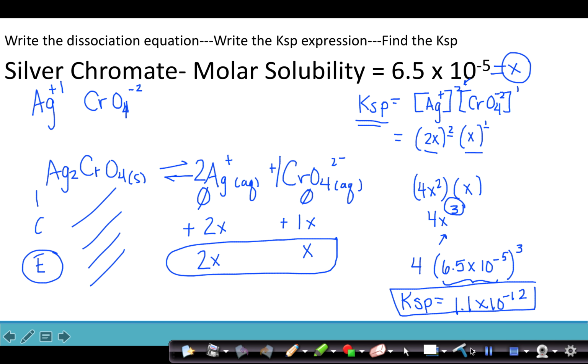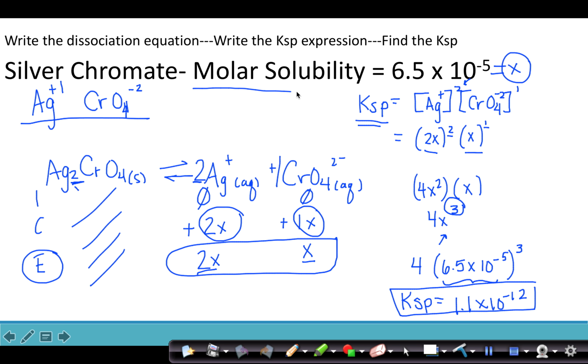So just to recap a little bit, we always need to find our formula first. Subscripts become coefficients in the dissociation equation. Coefficients become the exponents in the Ksp, because remember it's aqueous and gas-only products over reactants to the power of the coefficients. And then because of the law of mass action, those coefficients also wind up being the coefficients for the x when we plug in.